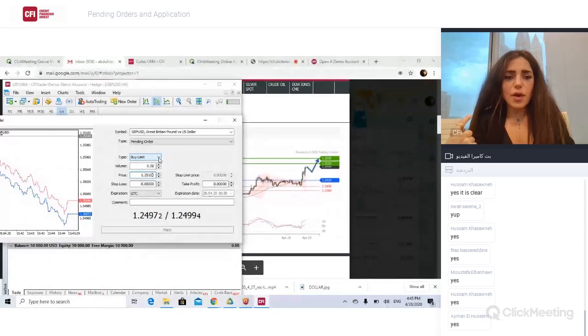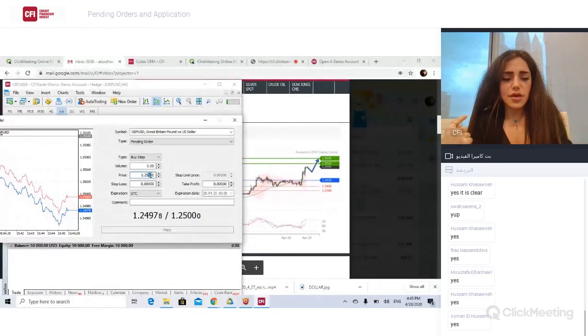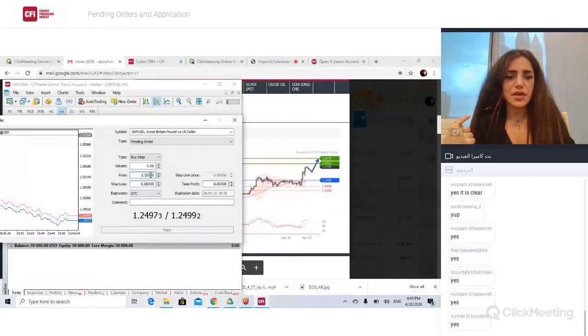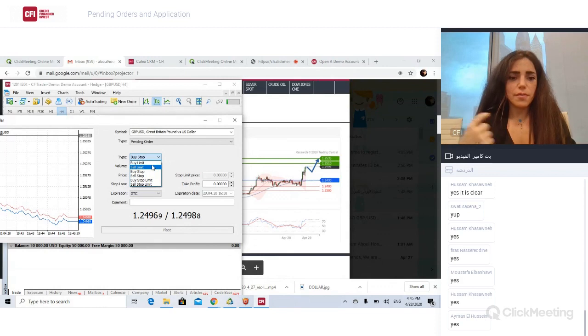So what I'm telling the platform now as a pending order, when you reach the price, I think I should take it a little bit more. Let's say I use 1.25235. Can you guys see what's going on right now? Okay, volume.